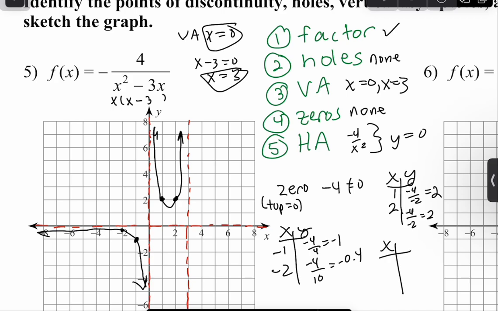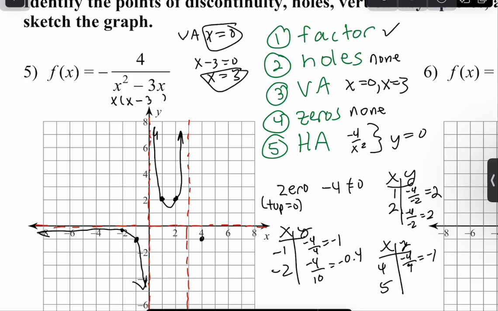Okay. Now I need something over here. So why not plug in 3? No, I can't plug in 3. Let's plug in 4 and 5. If I plug in 4, I get negative 4 over 16 minus 12, which is 4, right? 16 minus 12, yeah. So I get negative 1.